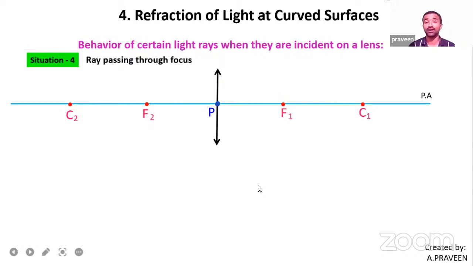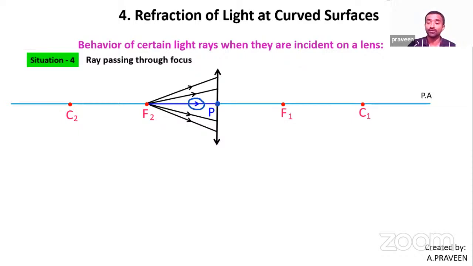Then we consider the situation of rays passing through the focus. Suppose I make light rays incident on the lens that are diverging from F2. Look at that. One of the rays is along the principal axis, and we already know that this behavior remains undeviated. What about the other light rays?